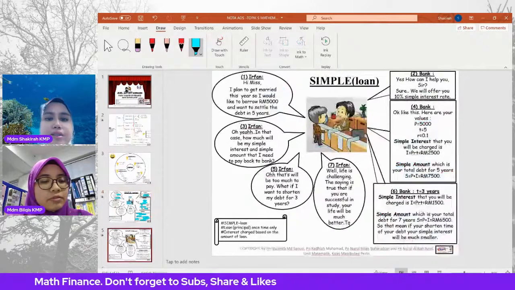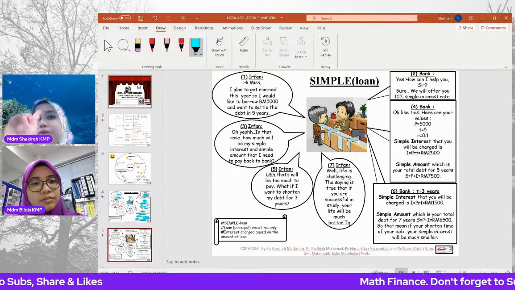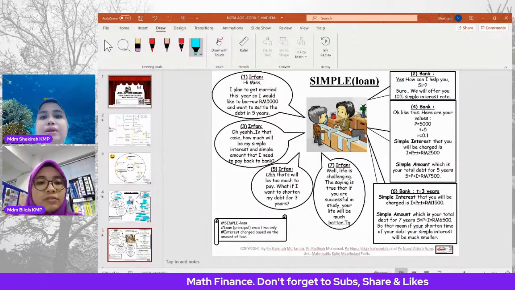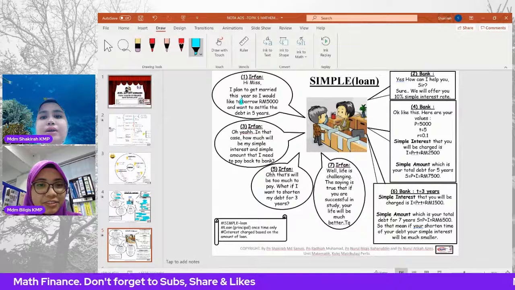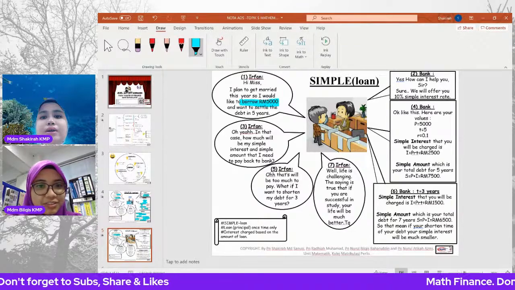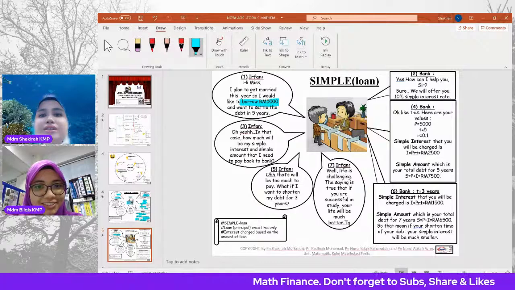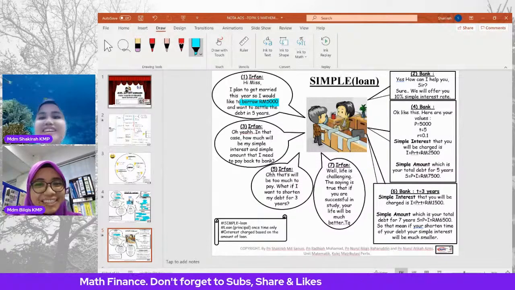Okay, next. Kita akan tengok simple loan. Sebab simple dia ada dua. Okay, so now I will be Irfan. And want to settle the debt in 5 years. Okay guys, this is not good example. Nak kahwin tapi buat hutang. Okay, bank.